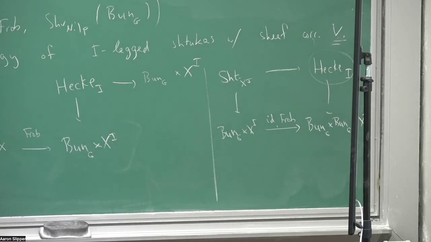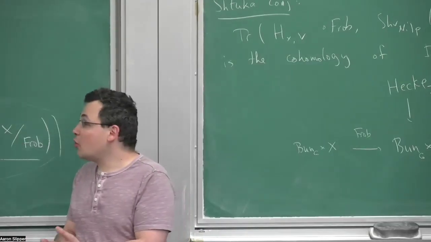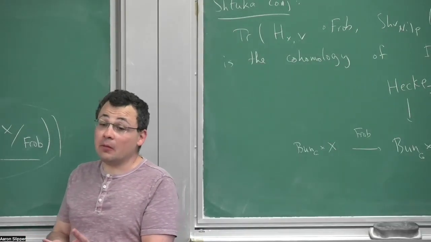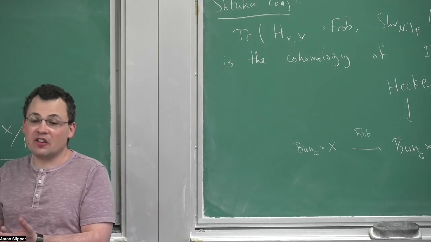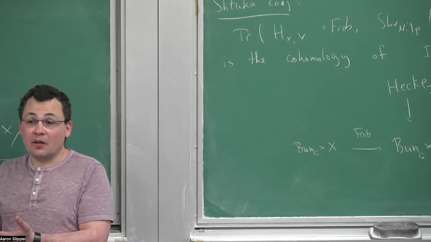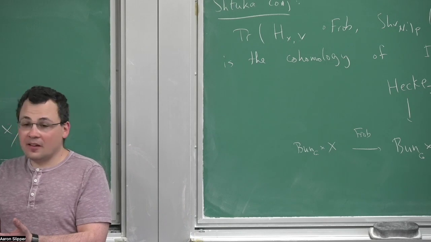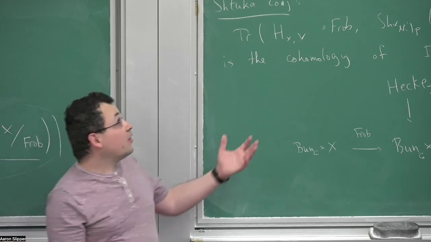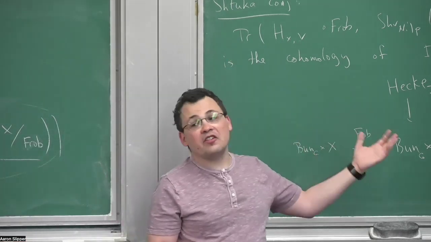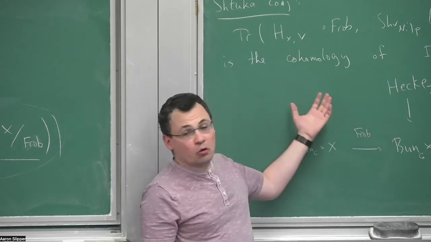But do I understand correctly that you gave us a moral explanation? It's more than technical, you have to explain nilp. I did not give you any moral explanation for nilp. The point is, there was a trace conjecture, and the way the trace conjecture is proved is really by proving the Shtuka conjecture.